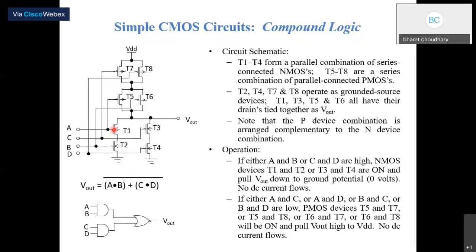Here we are applying A and B at T1 and T2, meaning A and B are multiplied, whereas C and D are multiplied, and both are in a parallel structure. So this is the sum of these products. As you are all aware, V output will give the complement of whatever we are applying at the pull down network. So this is the output logic in any compound logic where T1, T2 and T3 are connected in such a combination.